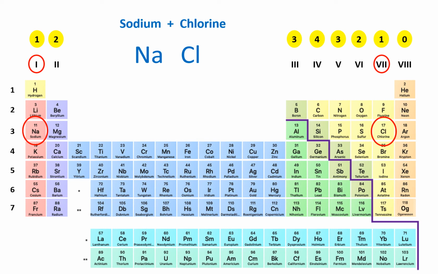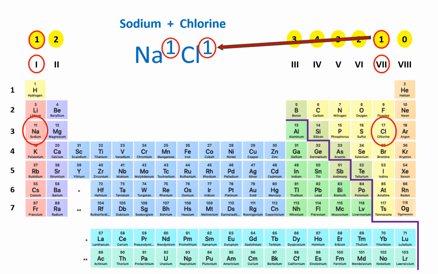To the right of the symbol of each element, as a superscript, we will write the number that corresponds to that group. For sodium, Na, which is a group 1 element, we write 1 as a superscript. For chlorine, Cl, which is a group 7 element, we also write 1 as a superscript. Remember that for group 7, the number 1 is obtained from 8 minus the group number.